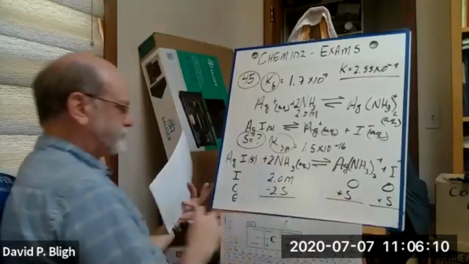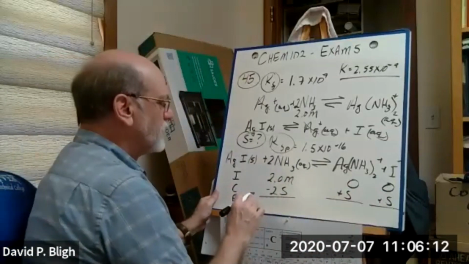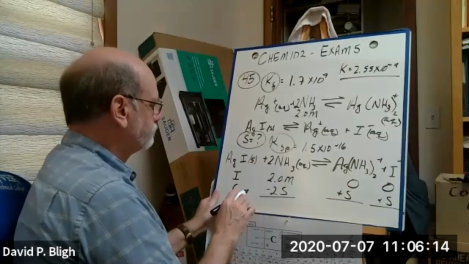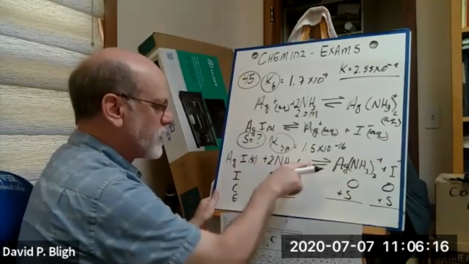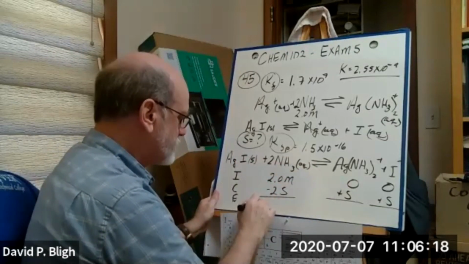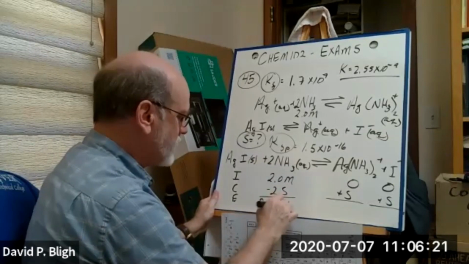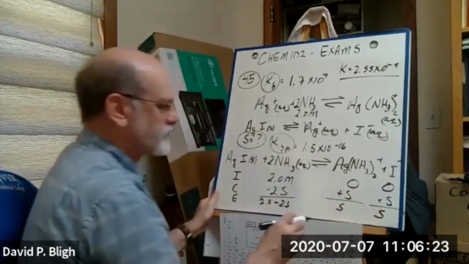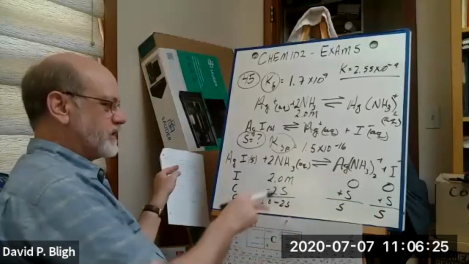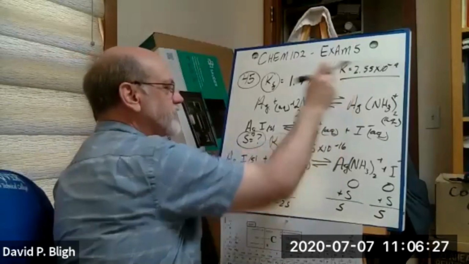Now, there's our equation. This is 2 minus 2S, this is S, and this is S. So we need an expression for that value that's equal to this one.